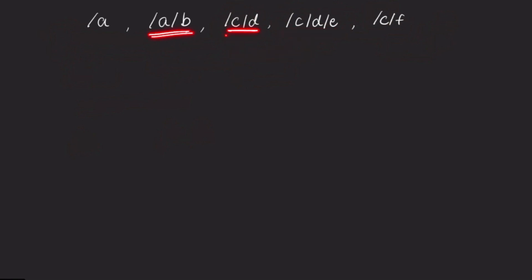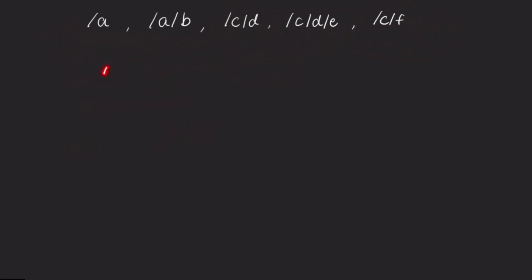And then let's see these two cases. For this CF, you will check whether it is starting with CDE. It is not starting with CDE. That's why this is not a subfolder of this, right?